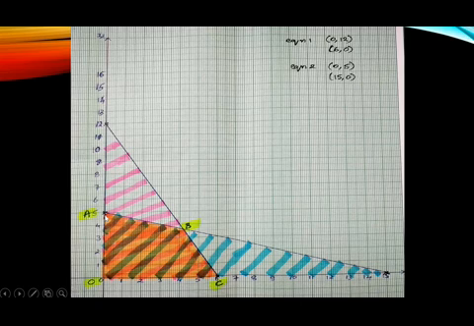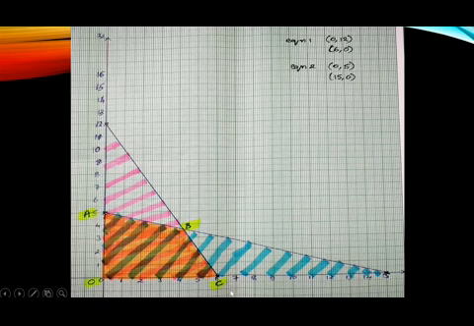What is the coordinates of B? So from the graph, I get it to be 4.2, 3.6. What are the coordinates of C? It is 6, 0. So I have noted the coordinates of the extreme points.